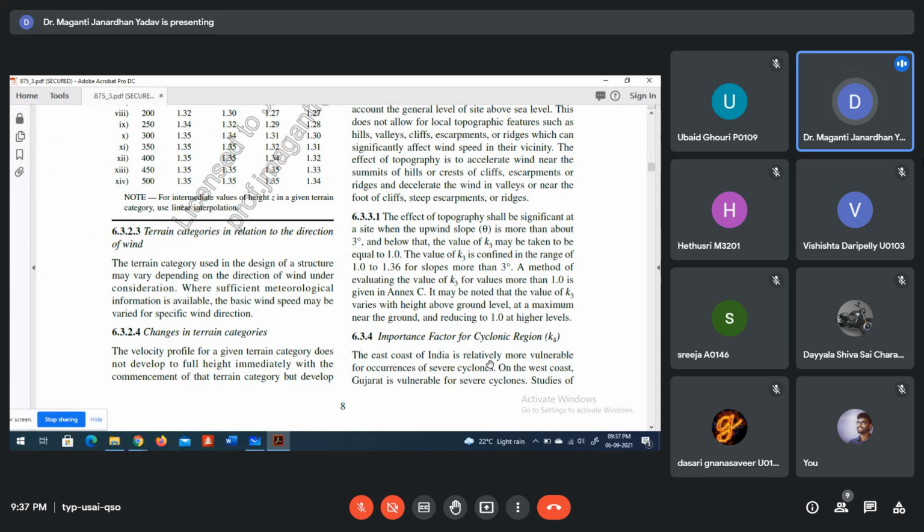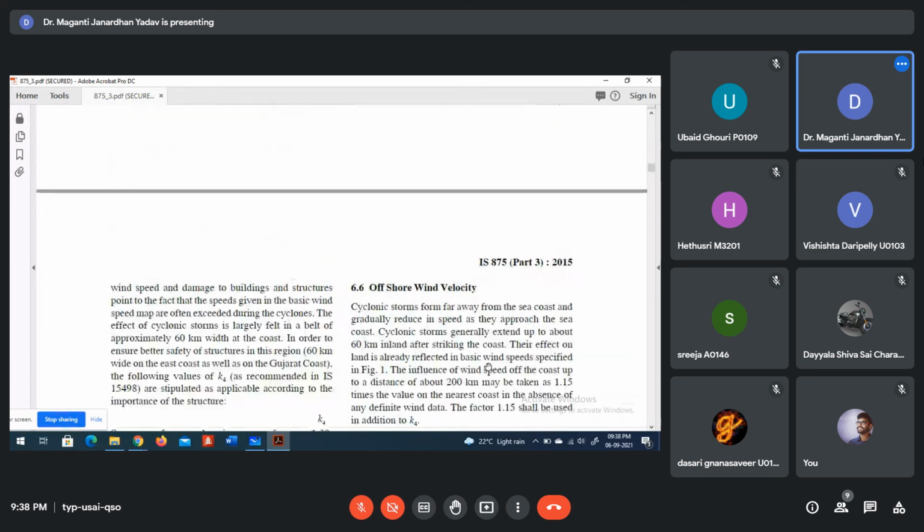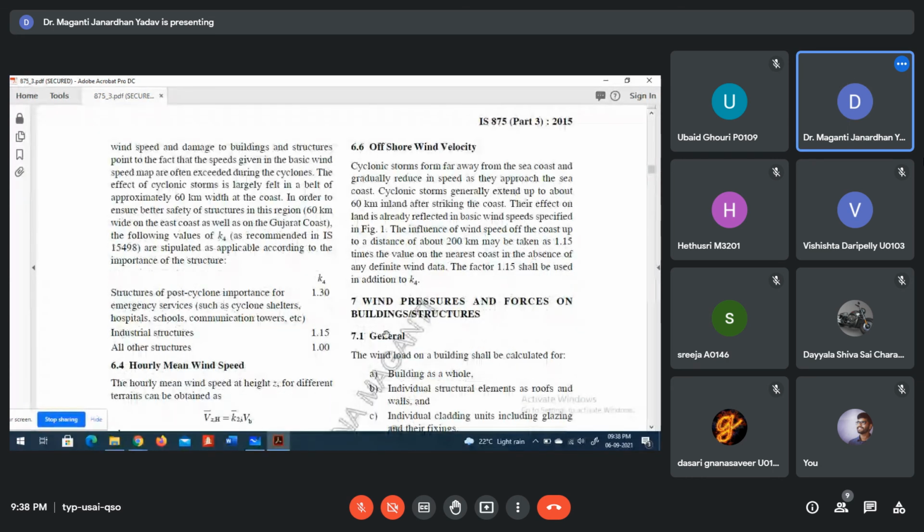Importance factor for cyclonic region. For industrial structures, it is 1.15. Are you looking at this code? That's why I'm displaying that. Hello?